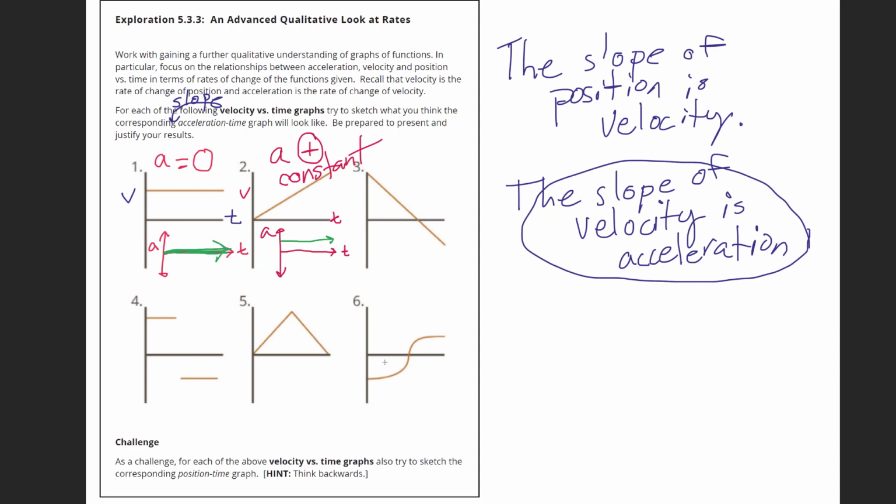Number 6 is always kind of a fun one because we have several different slopes happening on this curved line right here. And in order to understand what's happening, let's break down what's happening. At the beginning, we have something that looks like a slope of 0 right here.